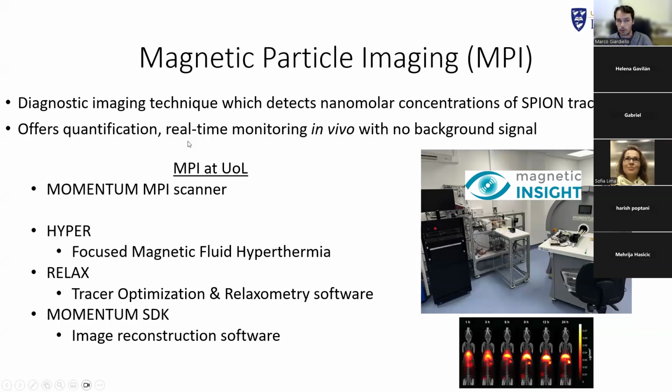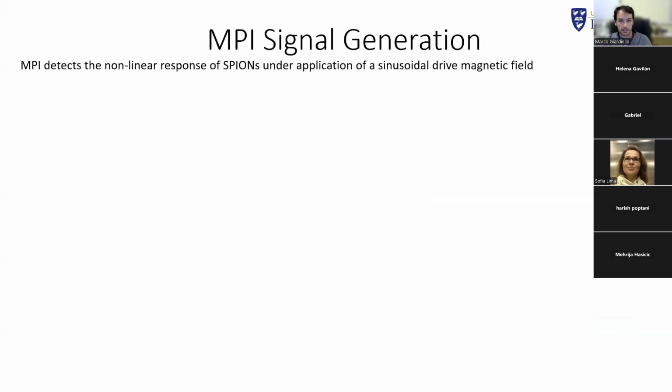It offers quantified real-time monitoring in vivo with no background signal. Because there's nothing magnetic in vivo, you would not see anything in the background. Where you're seeing the skeleton there, that's an overlaid CT scan. So it's very useful for generating high-sensitivity images with no background signal.